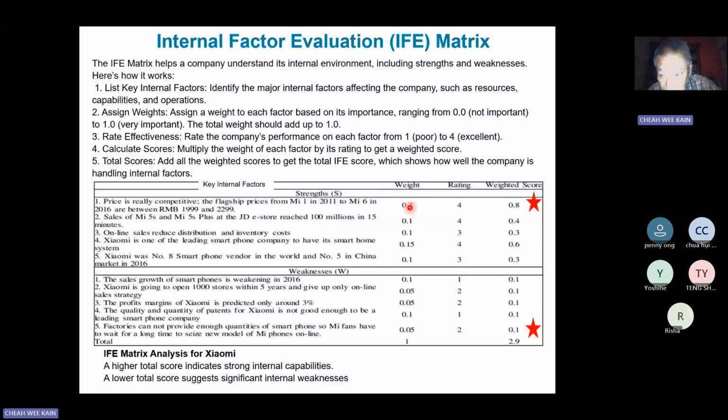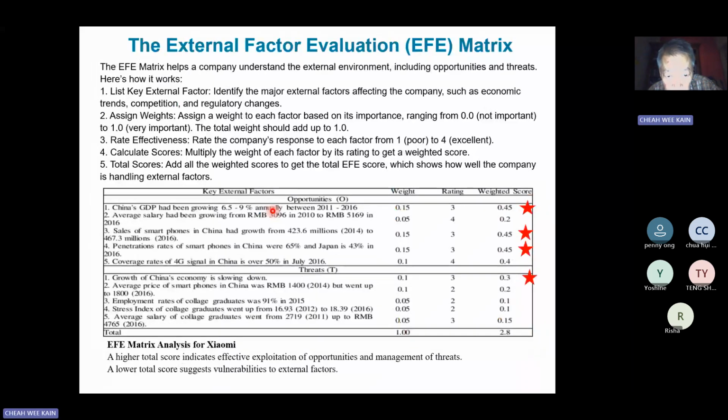And my company, Xiaomi, is doing very well because we are actually selling quite cheap. This RMB is quite cheap. We can make products quite cheap. And we are now looking at the GDP growth, sales of smartphones, and penetration rate. So what strategy can we make?